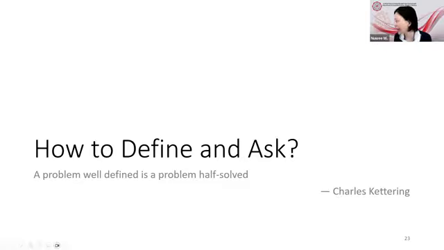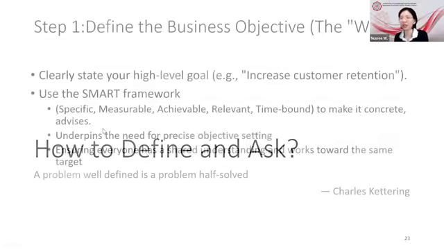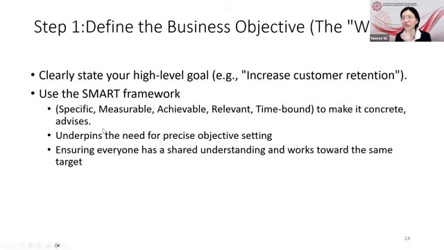So how do we do that? I have some frameworks for you. The first step is to define the objective. The objective, or the goal, or the what, is just a high-level goal. For example, you want to increase customer revenue, or increase customer retention so they come and buy again.